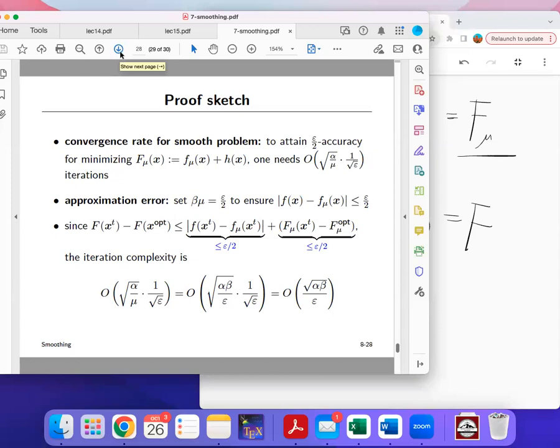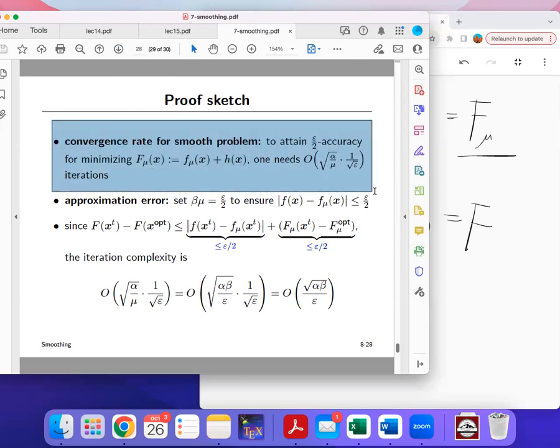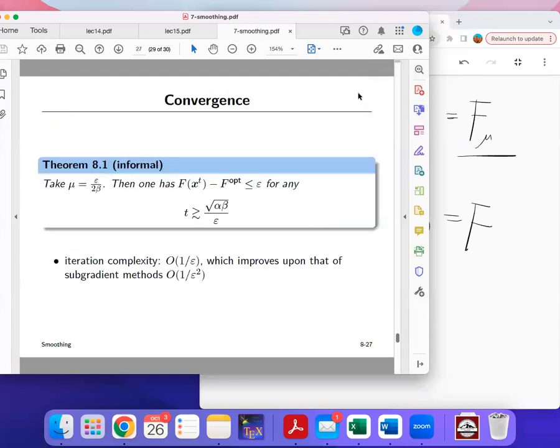Okay. So now let's look at the analysis of this algorithm. First, note that we applied the accelerated method.